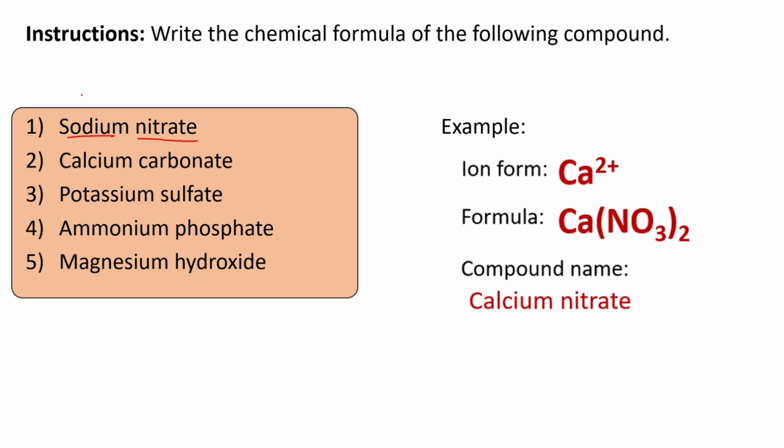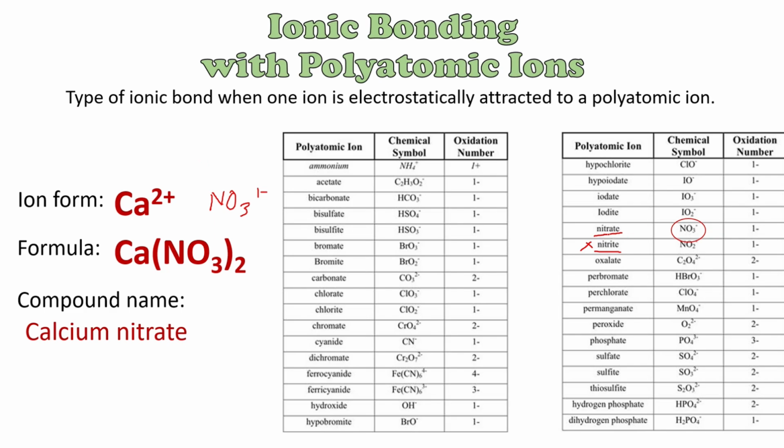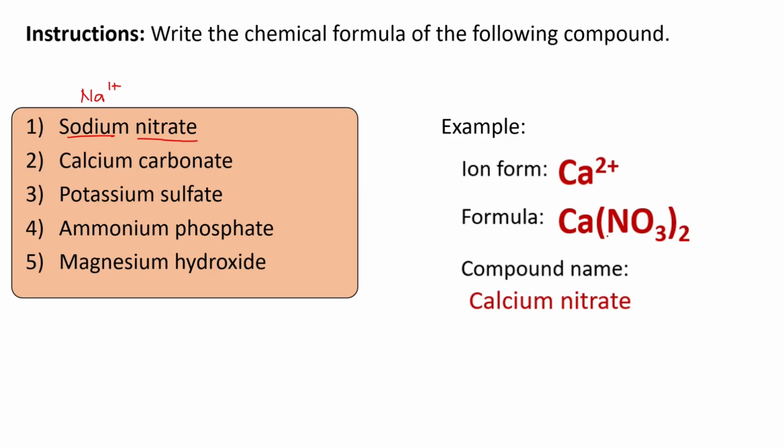What is the ion form of sodium? So it's Na. Na is 1 plus in your periodic table. Make sure that you know that. Nitrate in your copy, nitrate is NO3 1 negative. And then combine them.